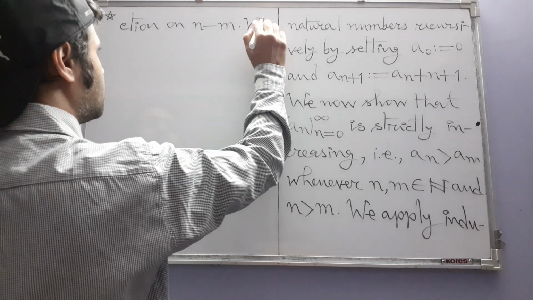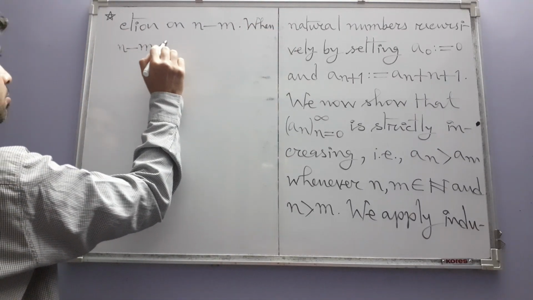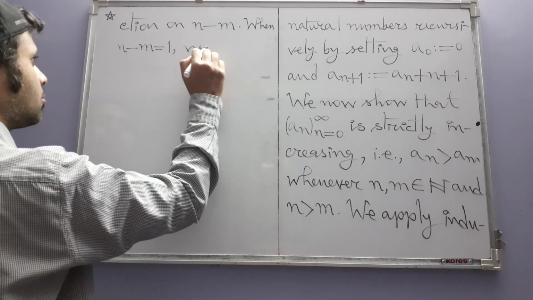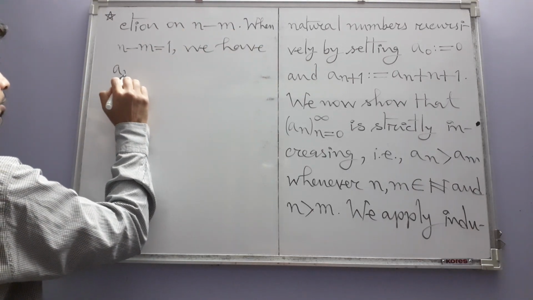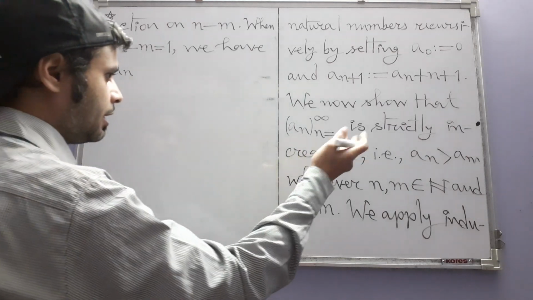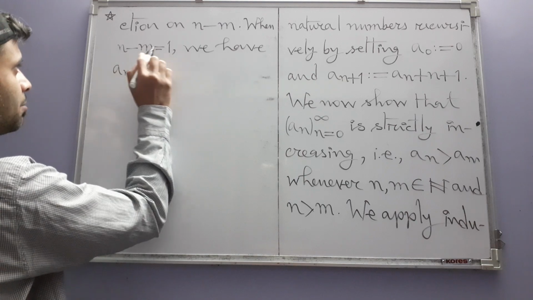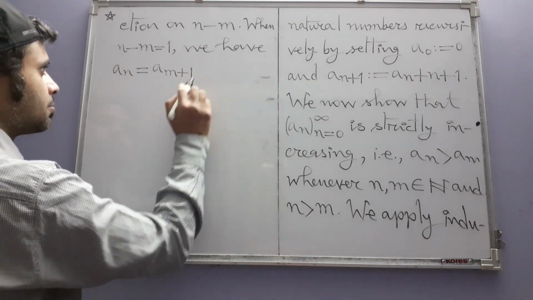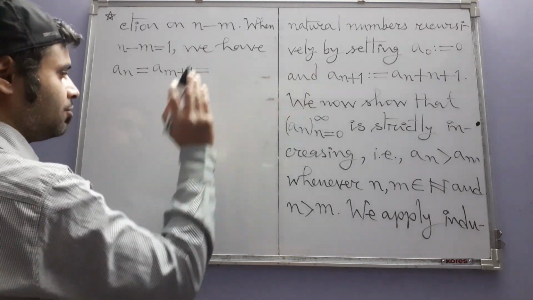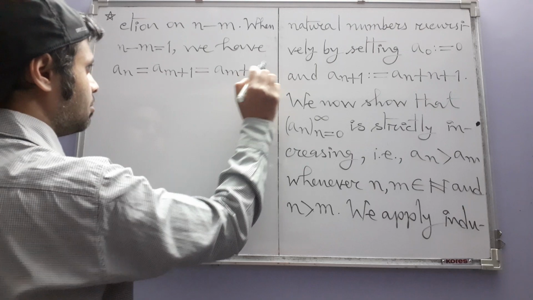When n minus m is equal to 1, we have a_n, and our aim is to show that a_n is greater than a_m. So if n minus m is 1, then n is m plus 1, but that by the definition of our sequence is a_m plus m plus 1.